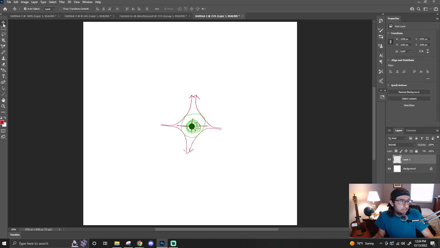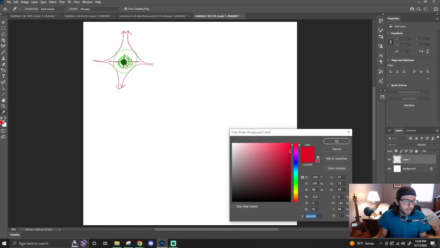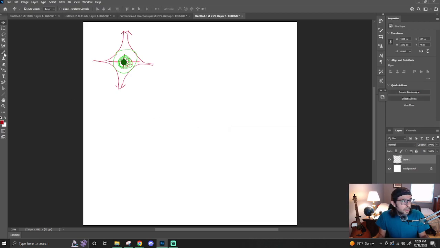Okay. Then the currents get physically separated, so they're more like this.